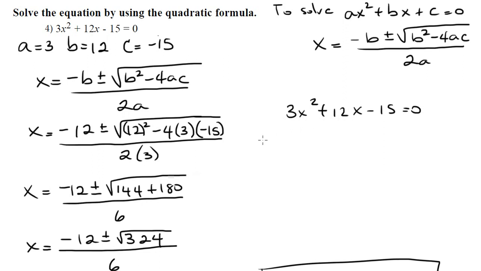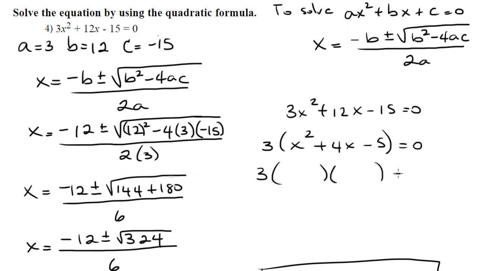I have a greatest common factor in here of 3 that I can factor out. See that? Divide by 3, that's 4x. Divide by 3, that's 5. Equals 0. And I can factor here again. This is plus 5 minus 1.